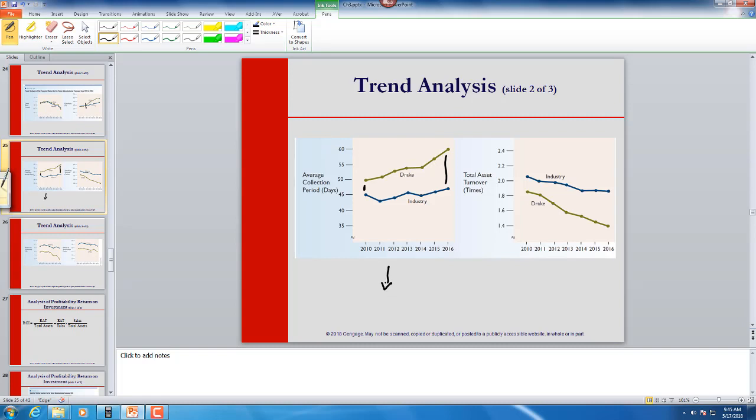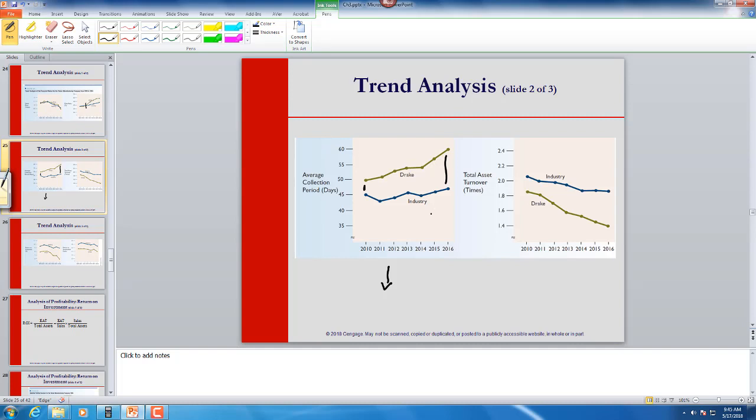You understand what I mean? This company is now collecting once every 60 days. It's now taking 60 days for them to collect debt, whereas this industry is at 45 days. So your efficiency is like 15 days more. That's a lot in most industries.